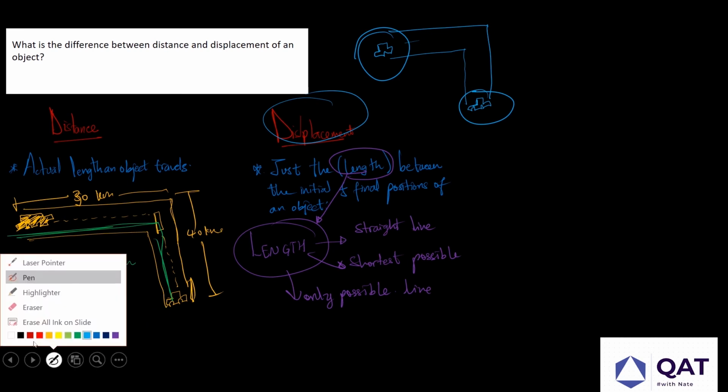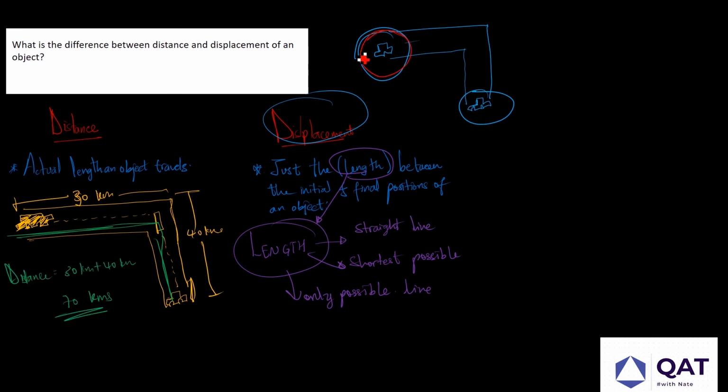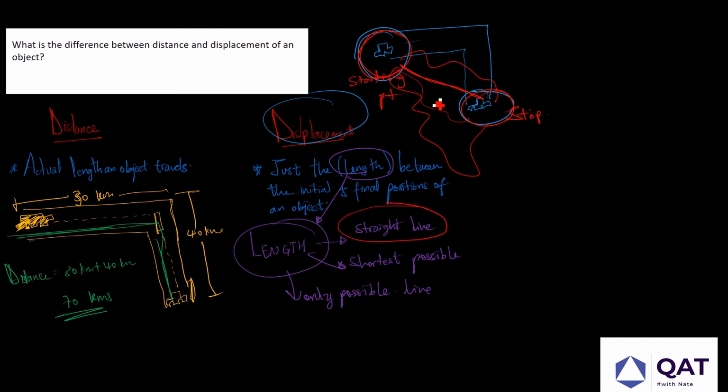So displacement is the distance from here to here. But any one of you may think we can connect these points like this, or like this. So that's why I have said it must be a straight line, from here to here, and it must be the shortest possible, and we have only one possible line. That's why.